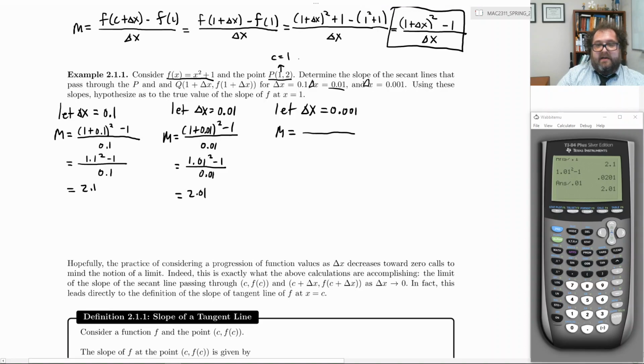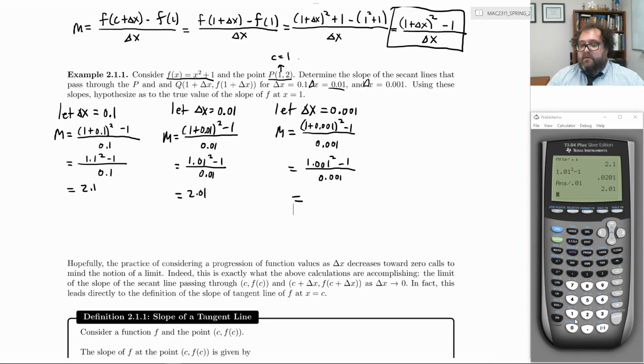Again, going back to this guy in the top right-hand corner, we get (1 plus 0.001) squared minus 1 over 0.001, which simplifies a little bit to 1.001 squared minus 1 over 0.001. Can you guess what that's going to be? You should be able to. Two values, not much of a pattern. Once we get the third one, you should see the pattern then.